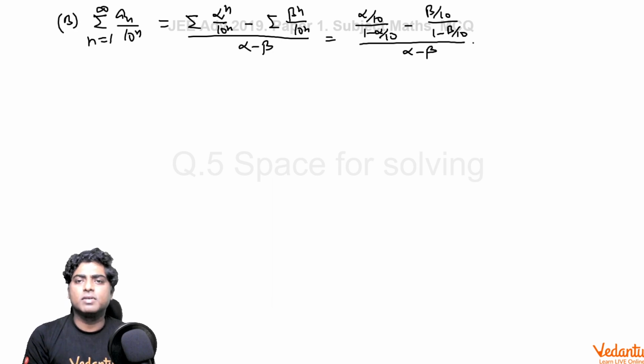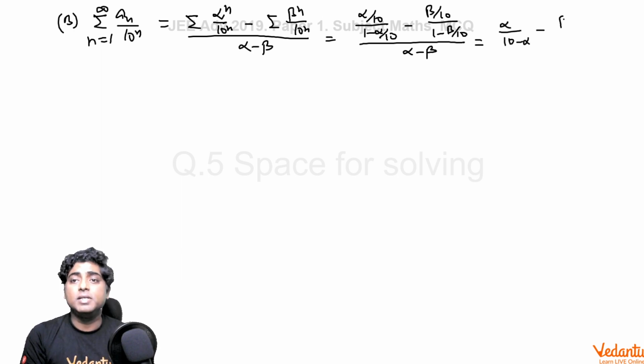So I am solving it in a usual manner. So I can write again alpha upon 10 minus alpha, minus beta upon 10 minus beta, upon alpha minus beta.